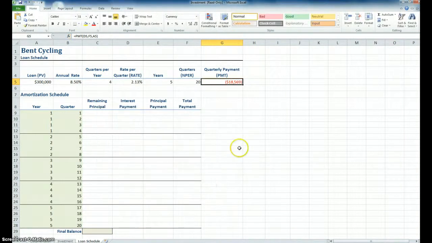And I'll press OK. And that's what my quarterly payment is on a loan at $300,000 at 8.5% annual rate. And if I pay for 20 periods over 5 years, I'll make 20 quarterly payments of $18,569. That's pretty simple.